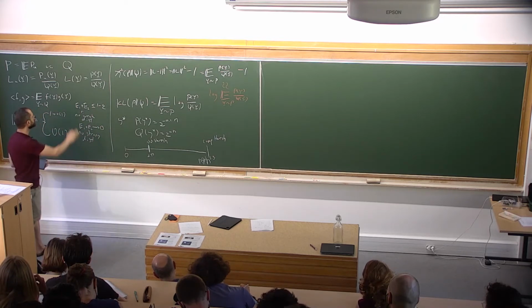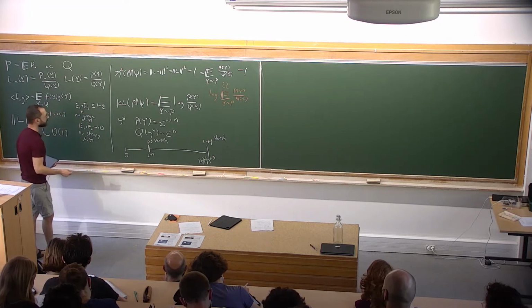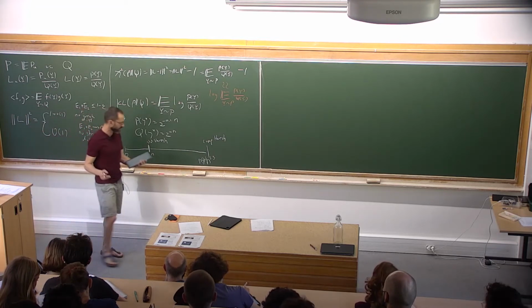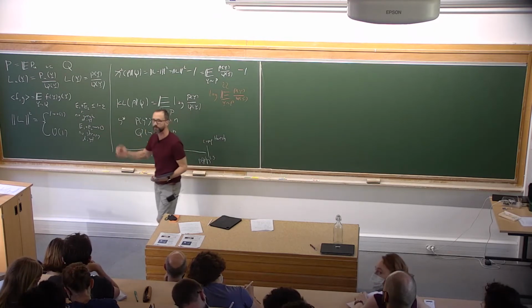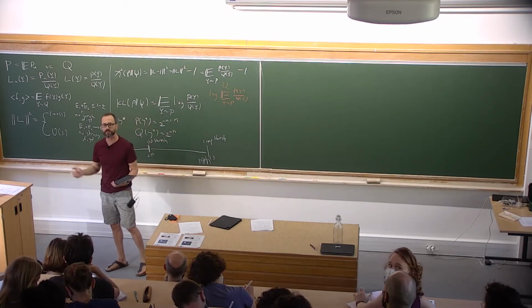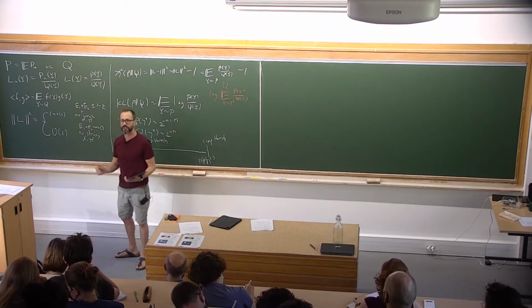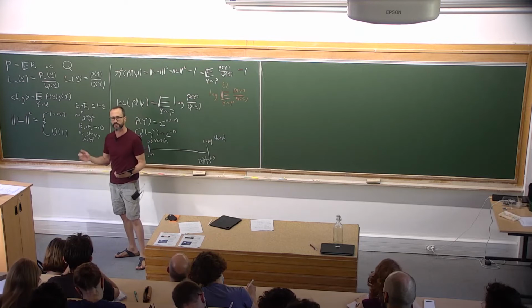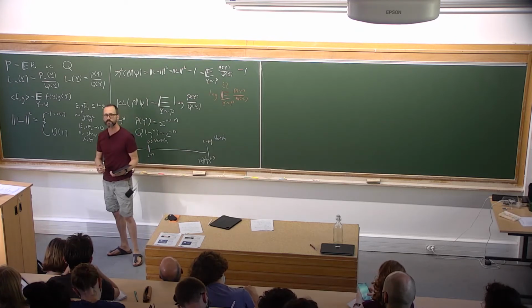So weak means this is bounded away from 1. Another way to think about it: if you think of the experiment where with probability half you get a sample from P, with probability half you get a sample from Q, then weak means you get some advantage, the probability of success is a little bit better than a coin toss, some constant advantage over half.